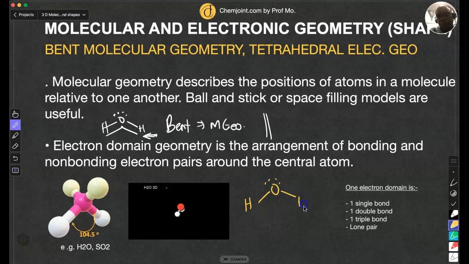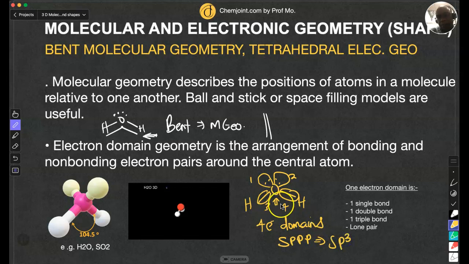How many electron groups do we have on that oxygen? Usually in the test you'll be asked for which element, so you'll know which element you're focusing on. An electron group, an electron domain, is a lone pair, so I have 1, 2, and then I have these two here. I have 4 electron domains. Anytime I have 4 electron domains, I'm thinking s, p, p, p, which translates to sp3 hybridization on that oxygen.